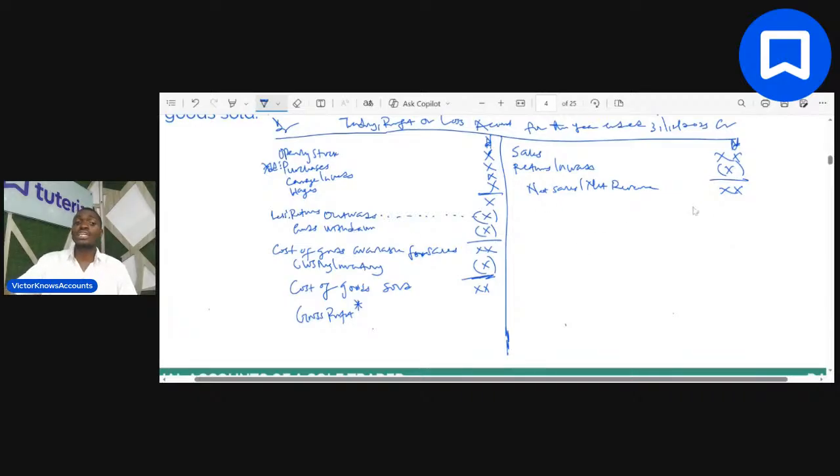And don't forget, your trading account is an income account, so once your credit side is greater than your debit side, it means that you have a profit. But if by adventure your debit side is greater than your credit side, then what you have is called a gross loss, which is actually not that common. Is that fine? So you take the total of your credit side, you put it here too. The balancing figure, that will be this one minus this, it gives you your gross profit.